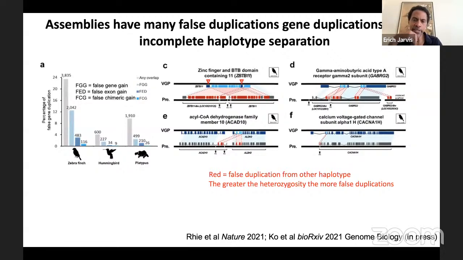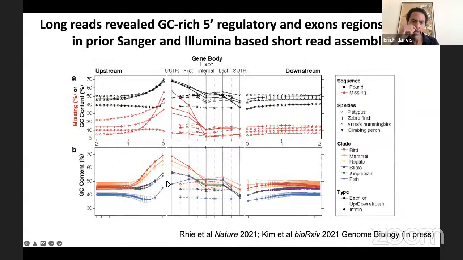And we found out that this was a big deal. You must phase haplotypes in order to get a correct assembly. Otherwise, you make these mistakes for thousands of genes, 3,800 here for the zebra finch, 600 genes that were falsely duplicated for the previous hummingbird and so forth for the platypus.